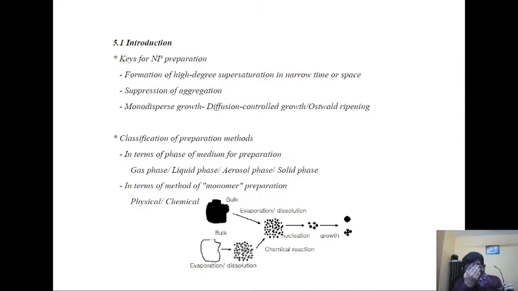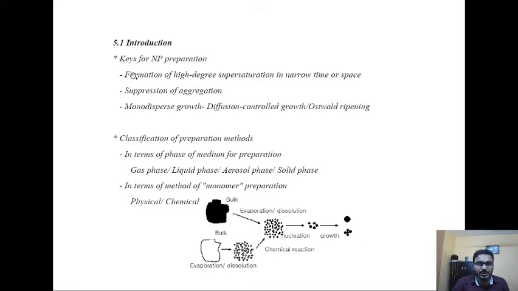Second is suppression of aggregation, that is we need to suppress the mixing or the aggregation. And third one is monodisperse growth, that is diffusion. It can be diffusion-controlled growth or Ostwald ripening. We will be studying this in some detail in a later part of this lecture.